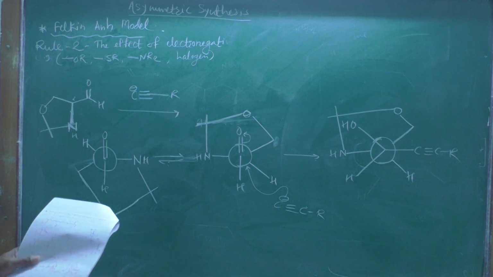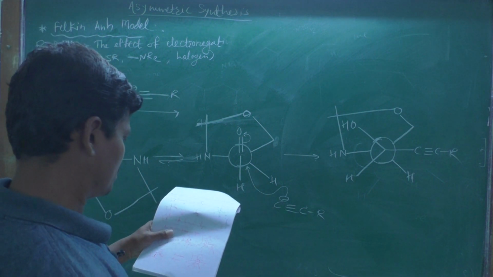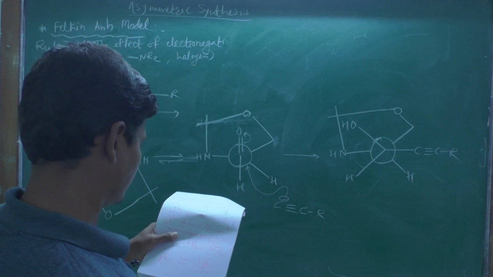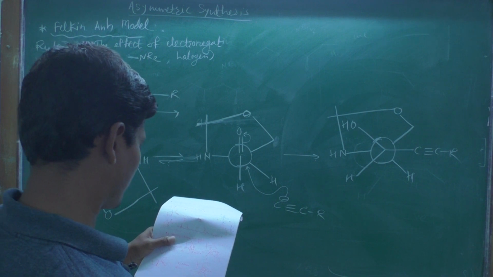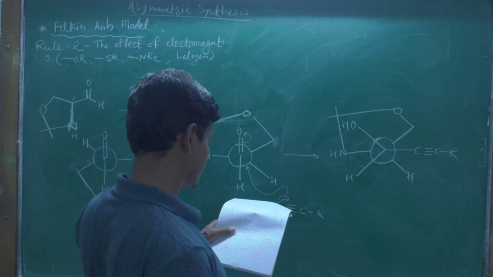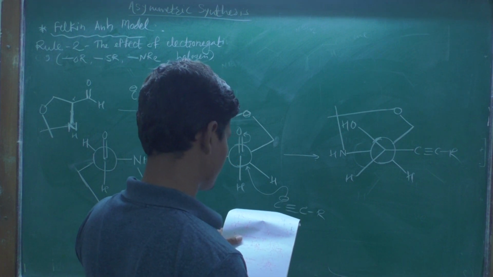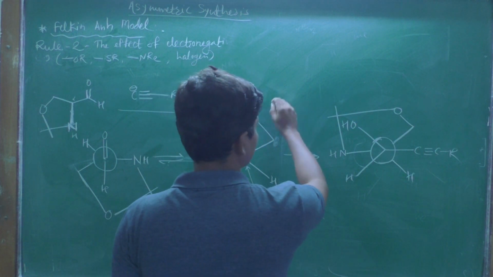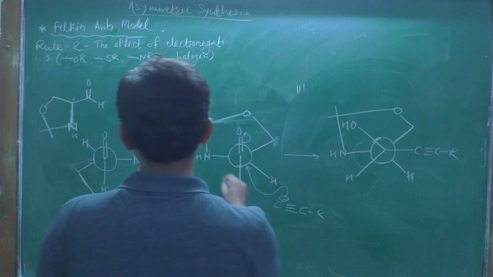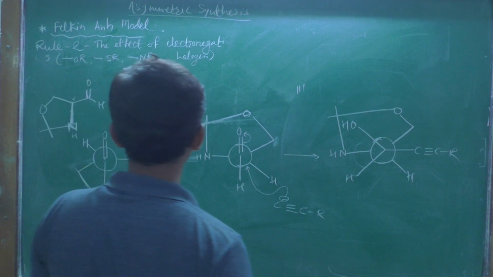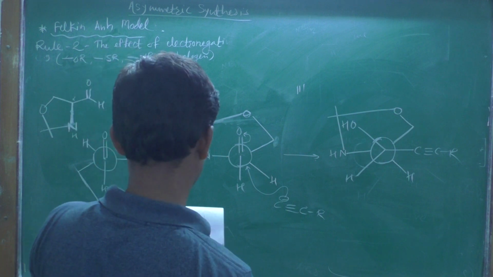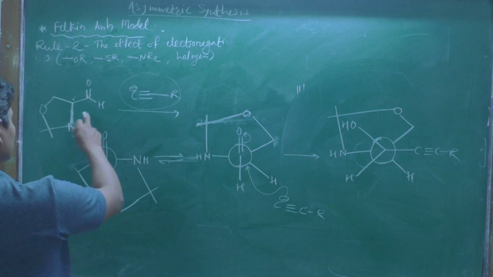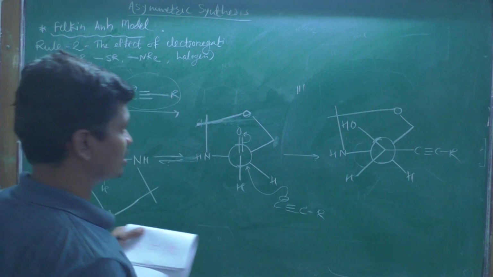Now rotate the molecule in such a way that we have to write here this side chain and this CH2O all in the plane.